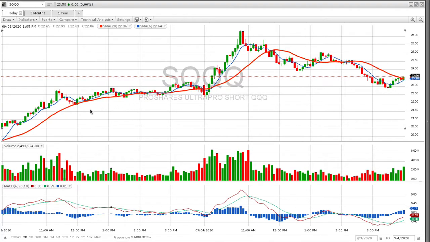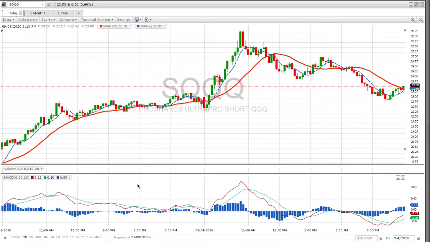And to explain the setup that I have here, I'm going to hide the volume chart for a minute. We use the moving average convergence divergence indicator, the MACD, and the parameter that we set on it is 6, this is the blue line here on the MACD. That's a 6 period.